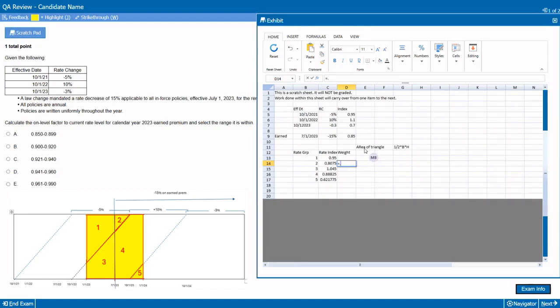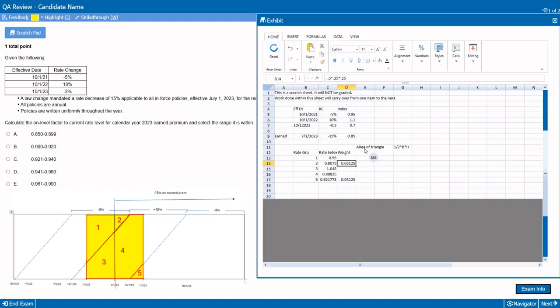So I'm going to do 1/2 times the base times the height. And then section 5 is the same size, I think. So it's the period that's written policies from October 1st, 23 to January 1st, 2024, and just the period that's earned in that same time.